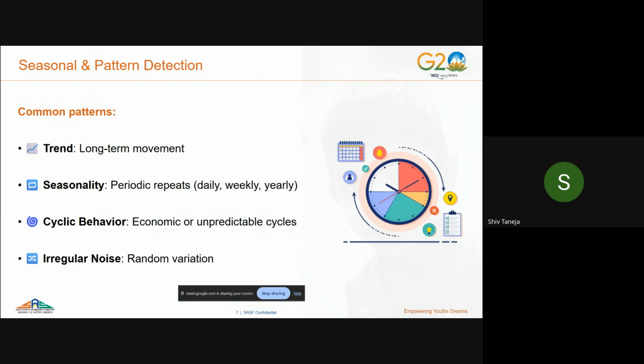It is not supposed to rain, but it does rain. And it's random. It's not that from now on the rain will happen in October. Rain will still happen in monsoon, but some kind of random behavior. So these are the four types of common patterns that you will find in almost every time series analysis.